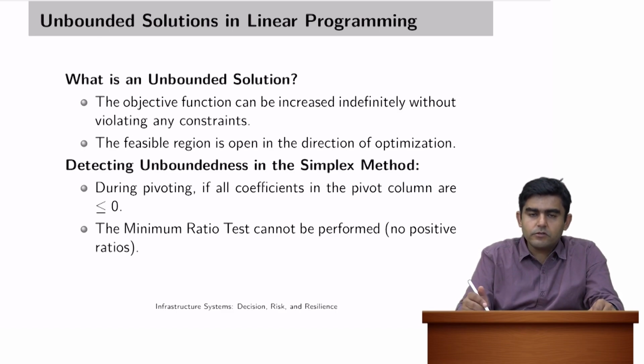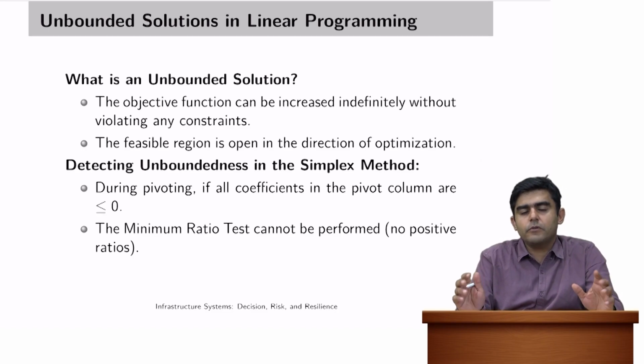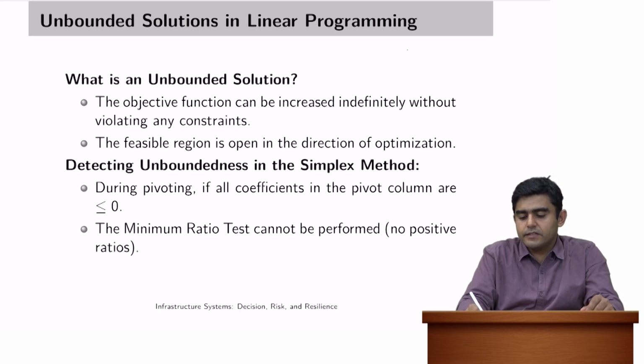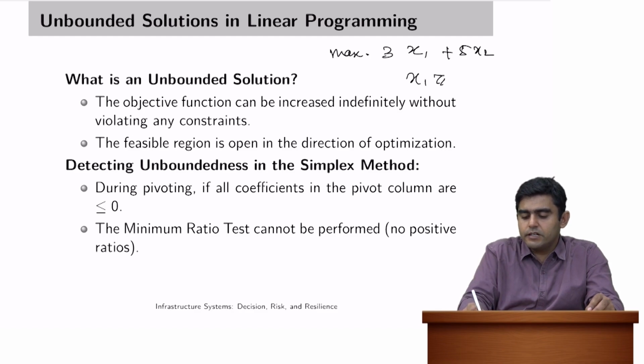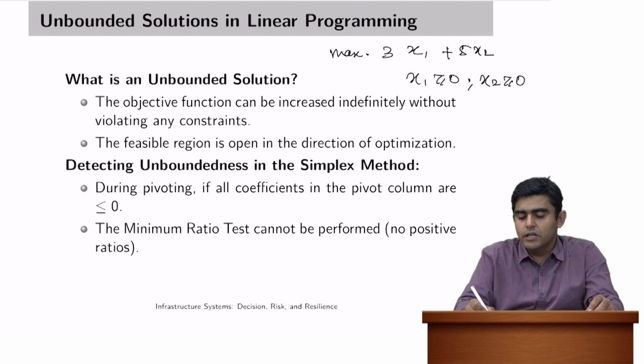Sometimes what can also happen is that we may have an unbounded solution in a linear programming problem. One simple way to think about this is, let us say you have to maximize 3x1 plus 5x2, and you are only given the constraints that x1 should be greater than or equal to 0 and x2 should be greater than or equal to 0, and no other equality or inequality constraints.